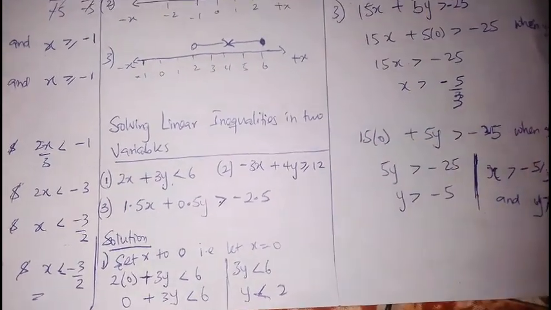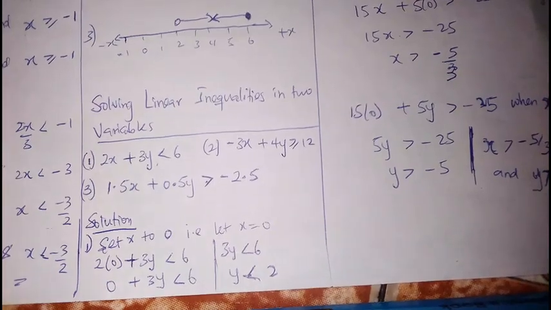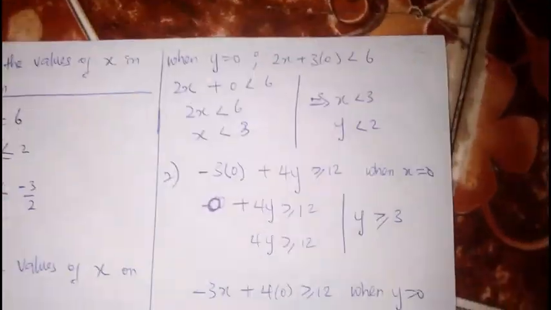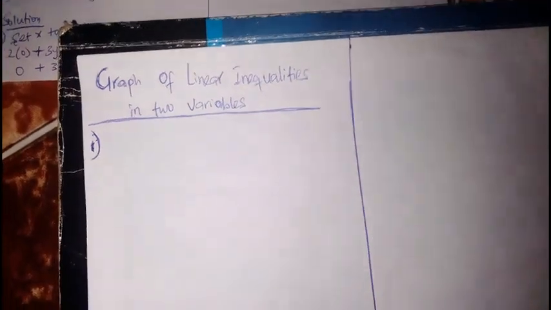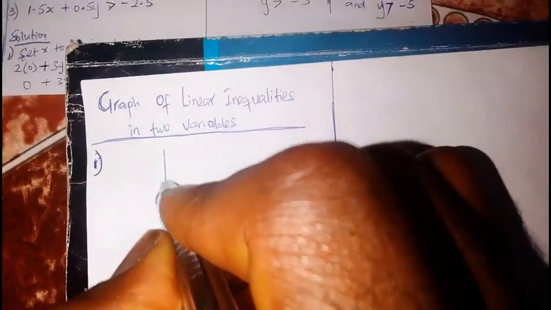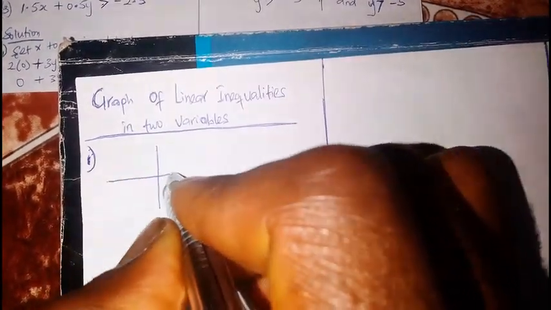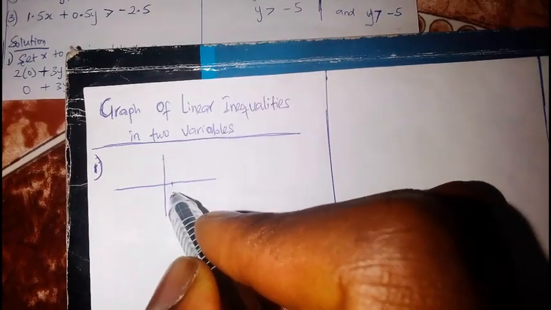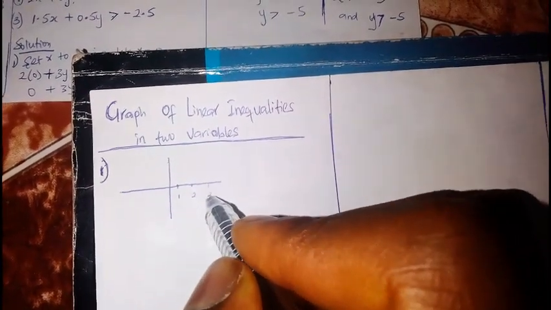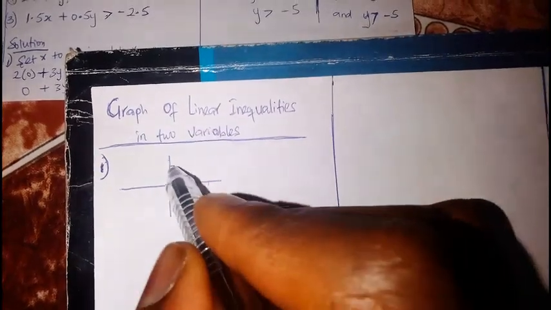Now, for our first question, we have our x to be 3 and y to be 2. If our x is 3 and y is 2, it means you should draw a graph such that x is 3, so I can have 1, 2, 3, and y is 2, positive.